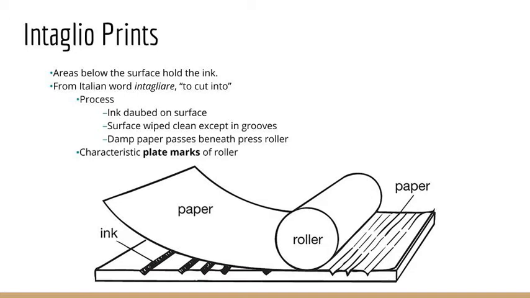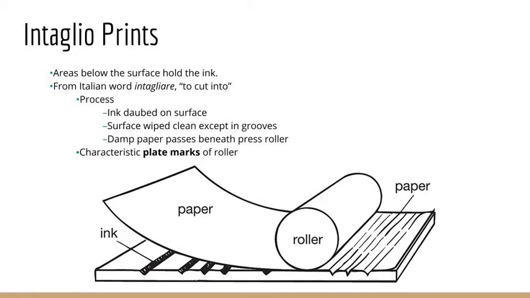It comes from the Italian word intagliare, which means to cut into, because the parts that you cut into are the parts that hold the ink. So the process is that ink is dabbed on the entire surface, but then the surface is wiped clean except for in the grooves. So you can imagine wiping just the top layer would remove the ink from the top layer while still leaving it in the grooves pretty easily.